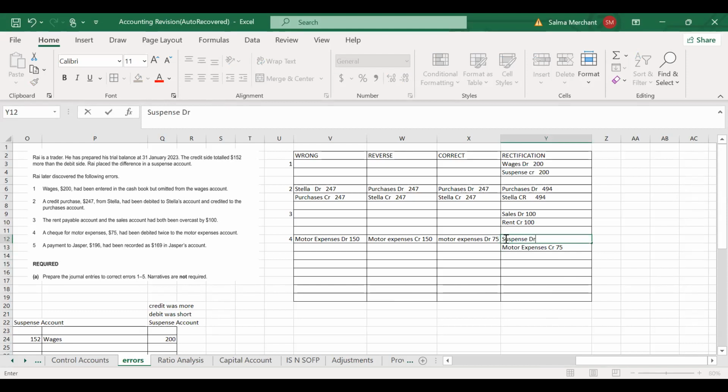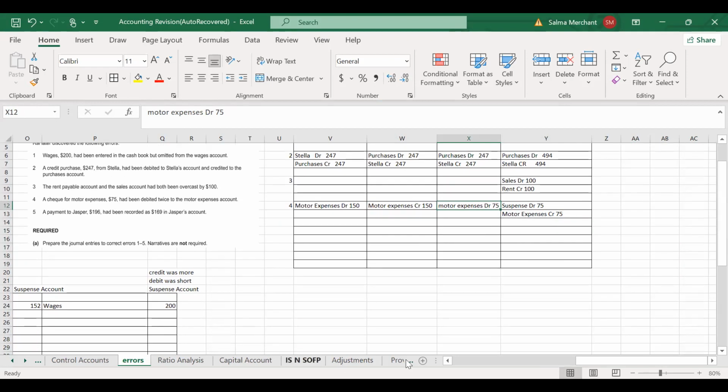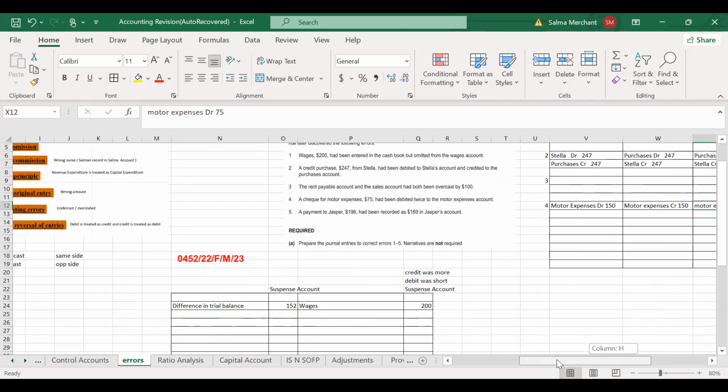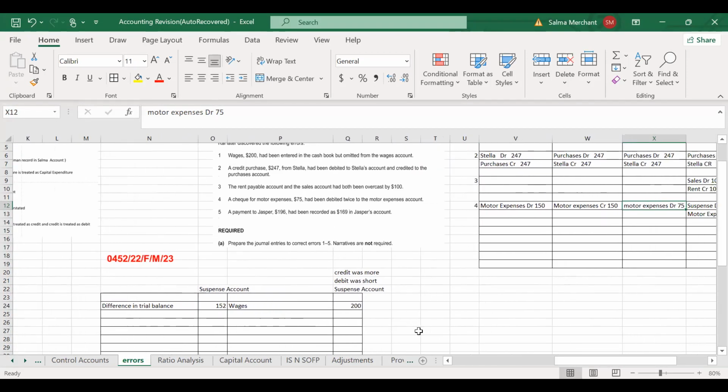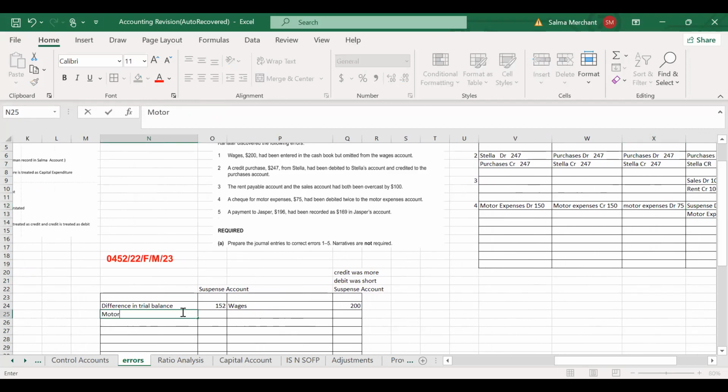Suspense debit 75. So on the suspense debit side, what will you write? We'll write motor expenses 75 on the debit side.